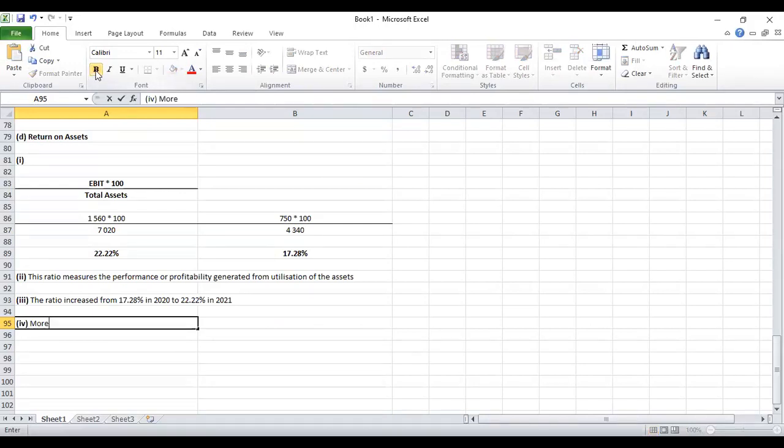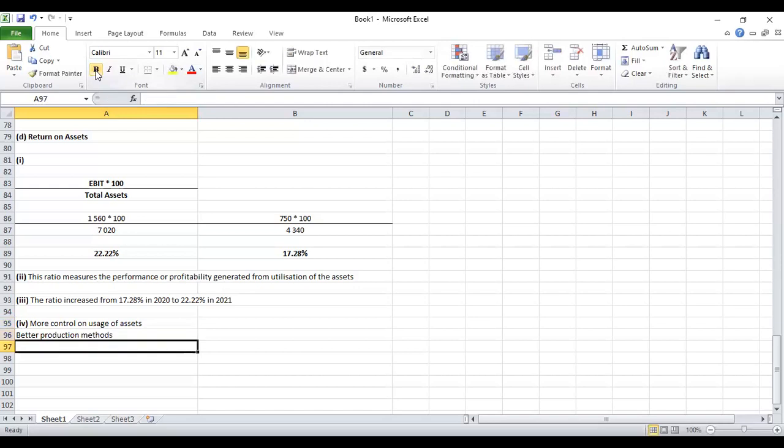More control on usage of assets. Better production methods. Training of employees.